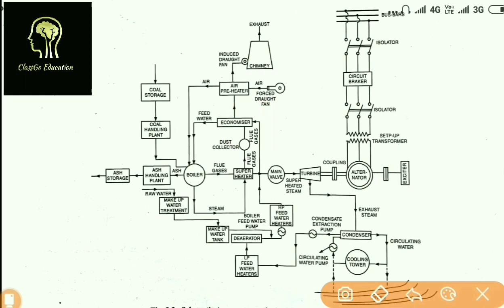Now firstly we will start with the coal storage plant and ash handling plant. In brief I will let you know about the coal storage plant. You must remember what coal is all about, what type of coal is preferred, and that there are some qualities of coal.